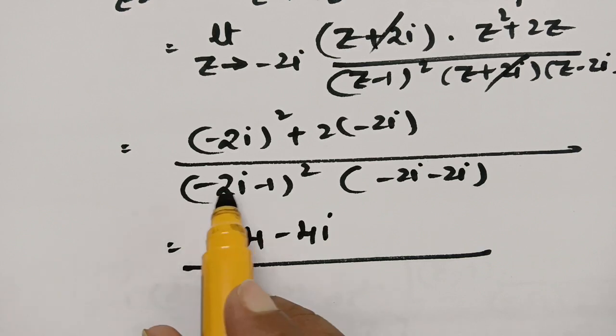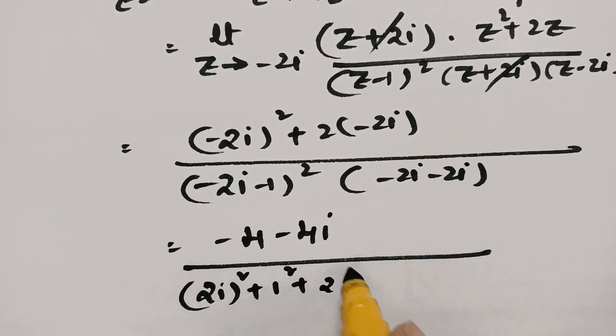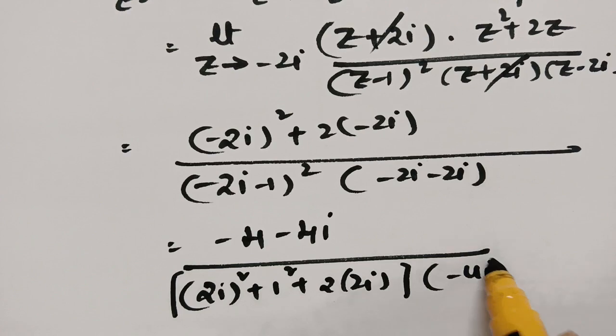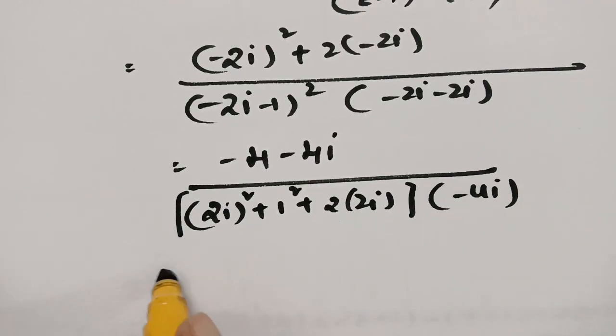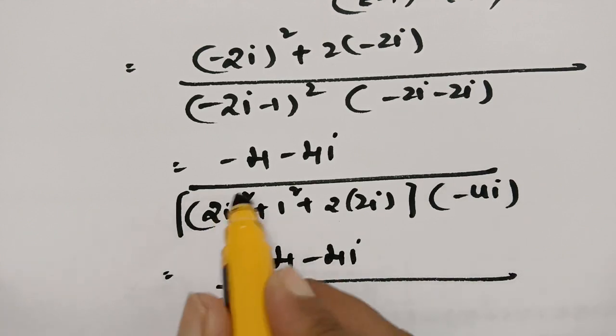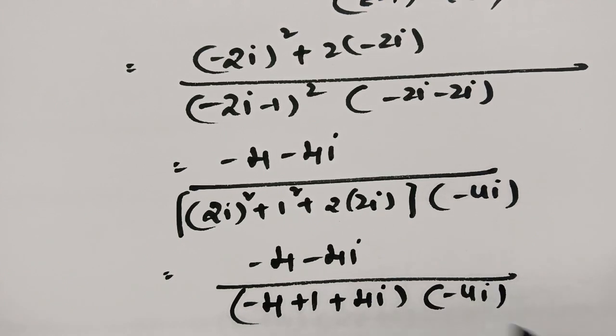So if I expand this one, a square plus b square plus 2 into a into b, here this is minus 4i, minus 4i. So this value is minus 4i by minus 4 plus 1 plus 4i into minus 4i.